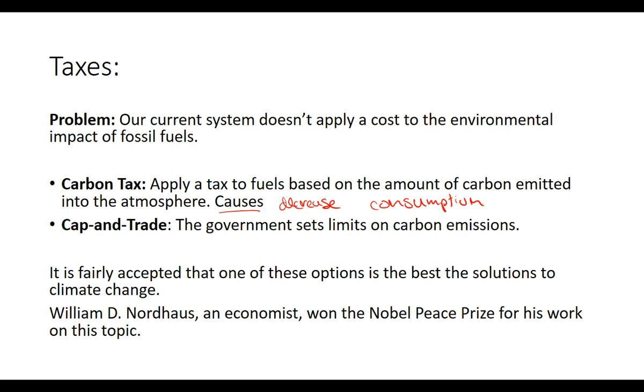In fact, this guy called William Nordhaus, who's an economist, actually won the Nobel Prize for his work on this topic in, I believe, 2018, quite recently. Basically, he was saying this is what we need to do. This is how we fix climate change. It is possible. We do it this way.